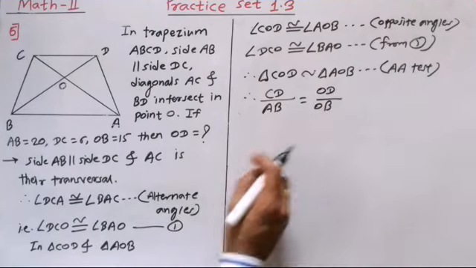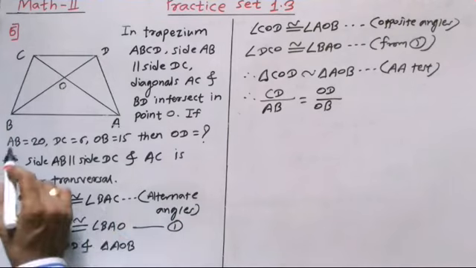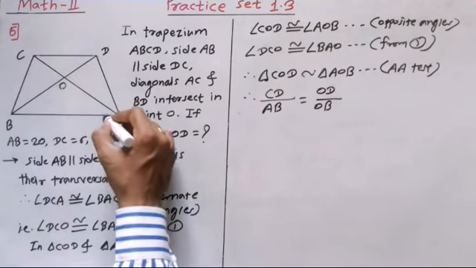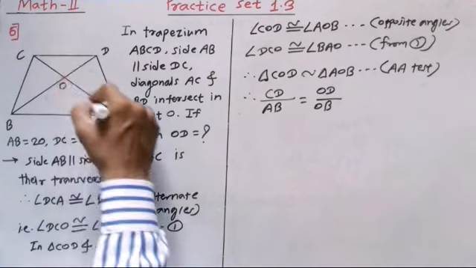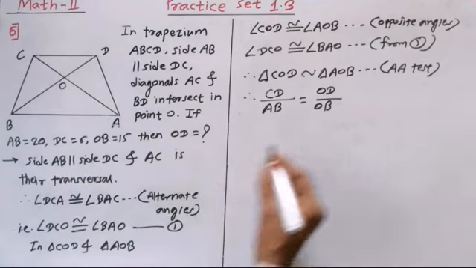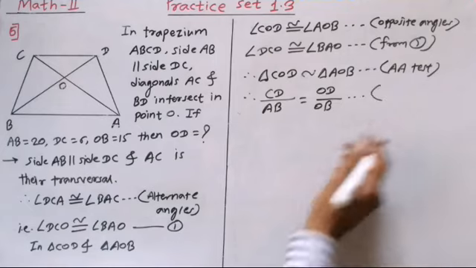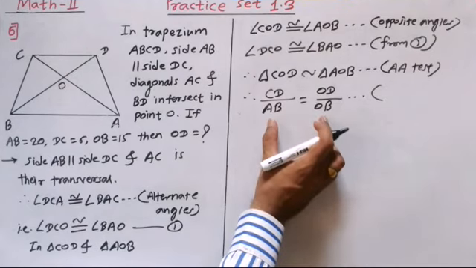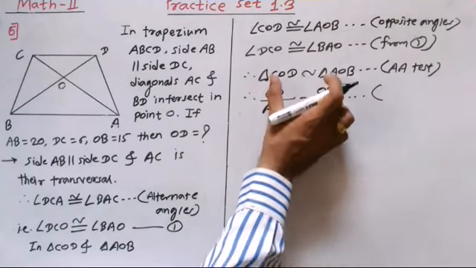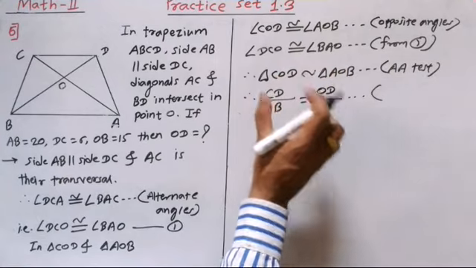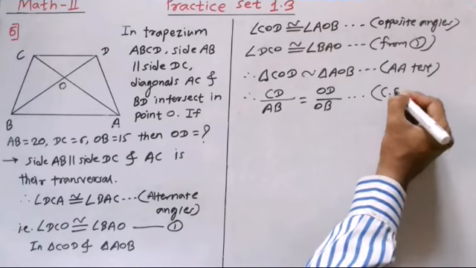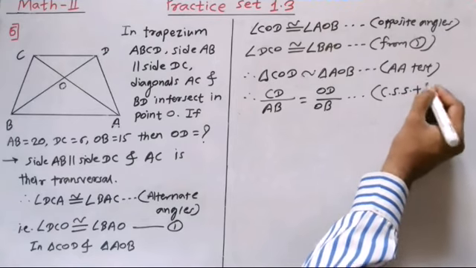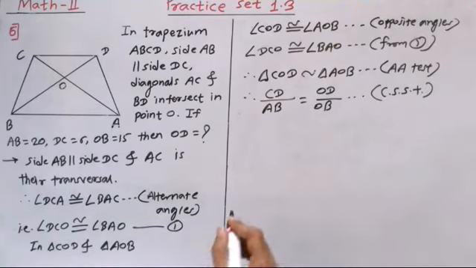Now the third ratio is no need to write here because the lengths of OC and OA are not given. We are also not finding out any one of these two segments OC or OA, so no need to write. But this proportion is because of the two triangles are similar and these are the corresponding sides of these two similar triangles. So corresponding sides of similar triangles is the reason for this step.